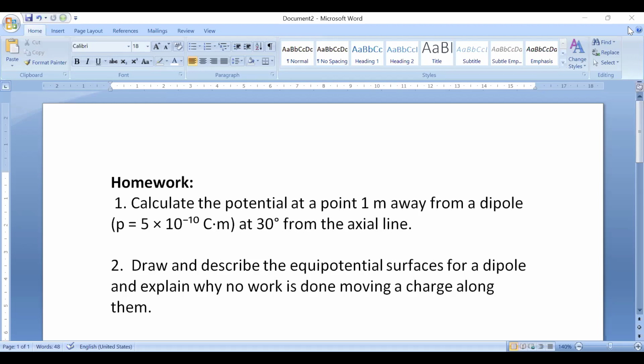Very simple answer. Work is zero, but because why? Note it down. Okay, clear?